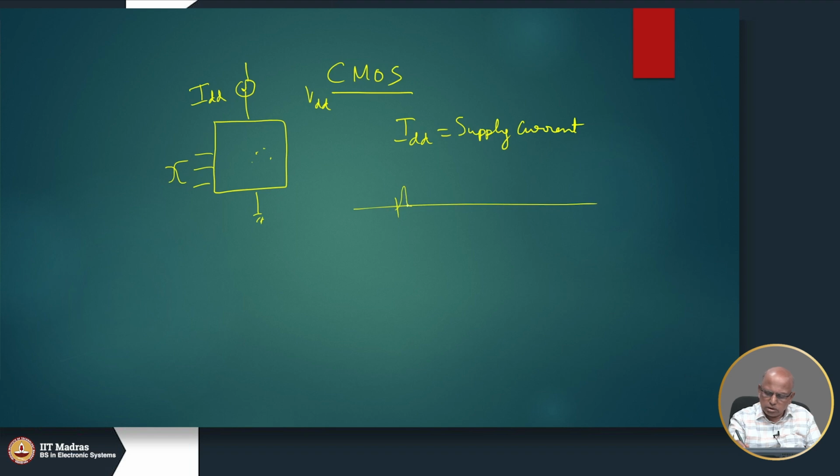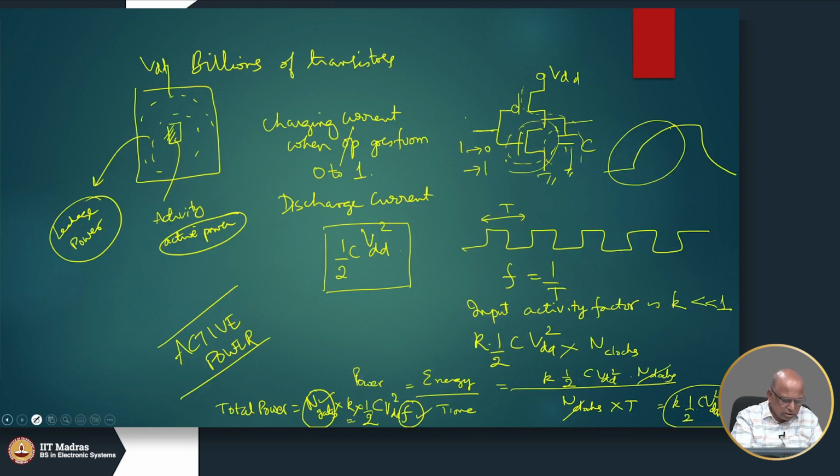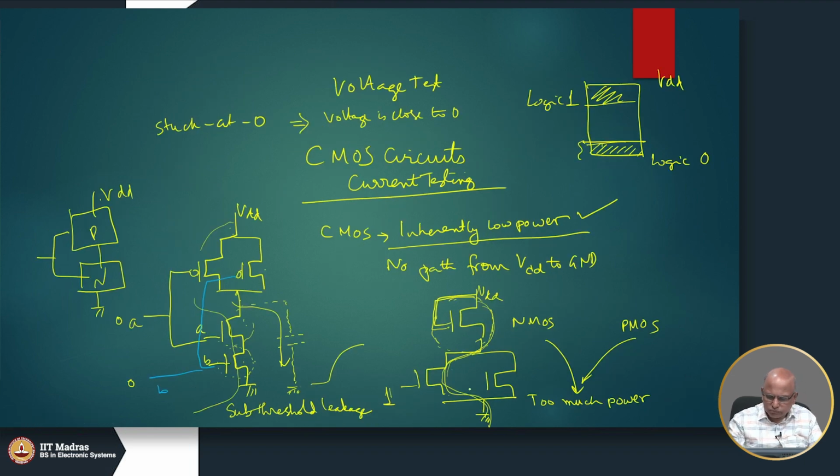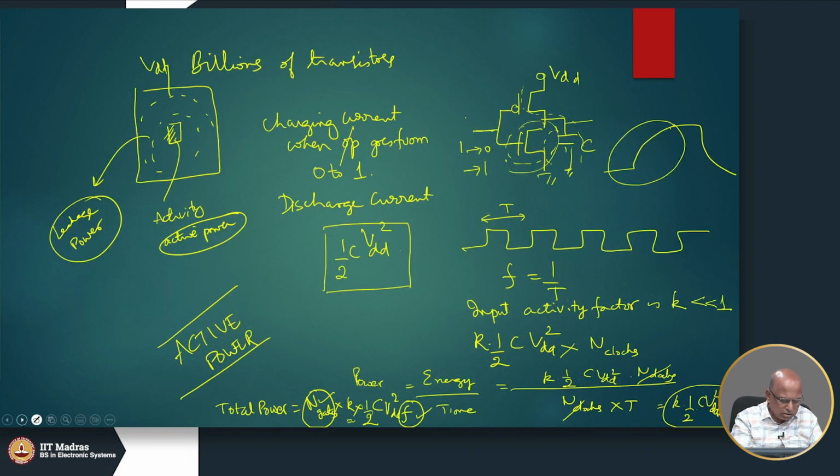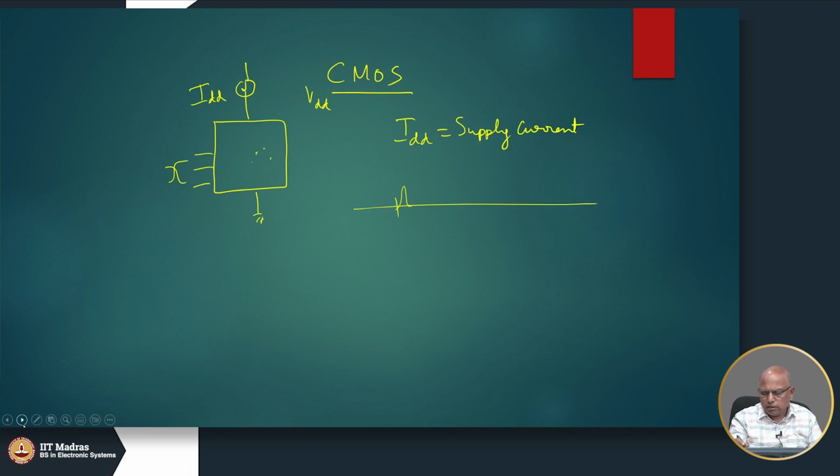But when all the activities have completed in CMOS, no node will continuously remain conducting, right? That's what we mentioned. There is no conducting path, no path from VDD to ground. So ultimately, when all activities complete, the current will come back to a very low value. It is practically zero, but it is still there. There is some leakage current.